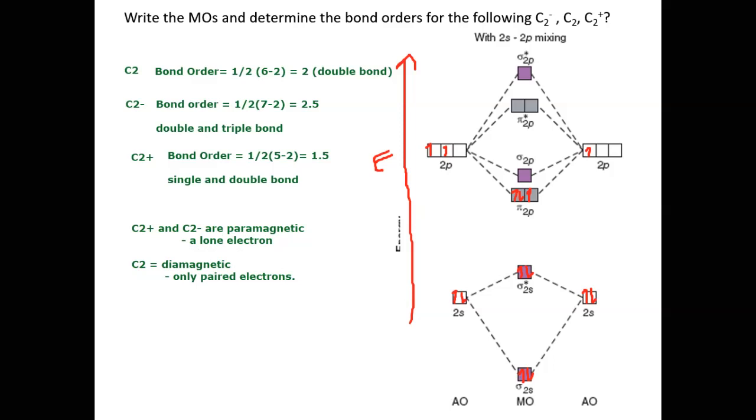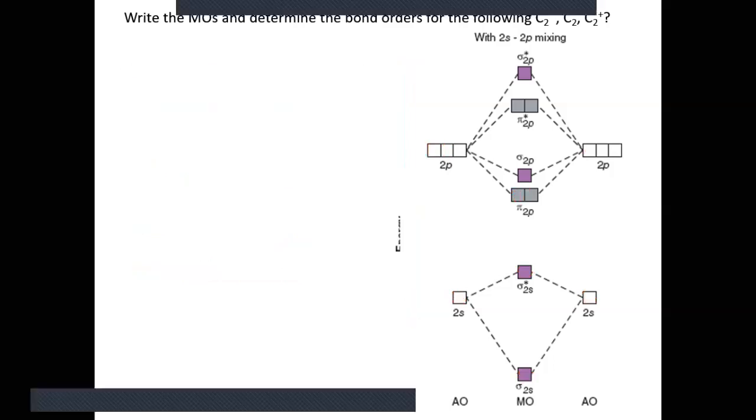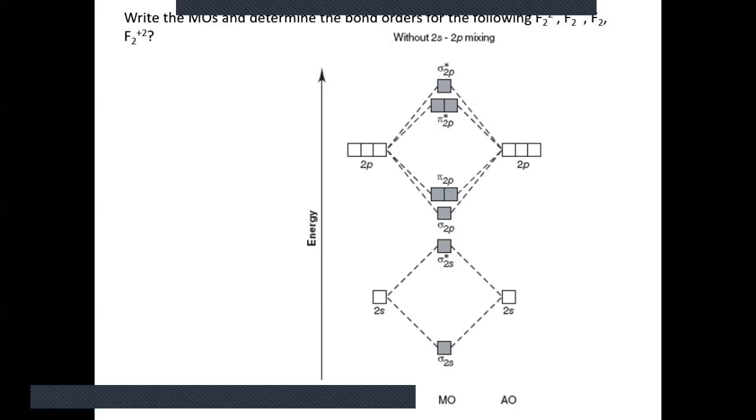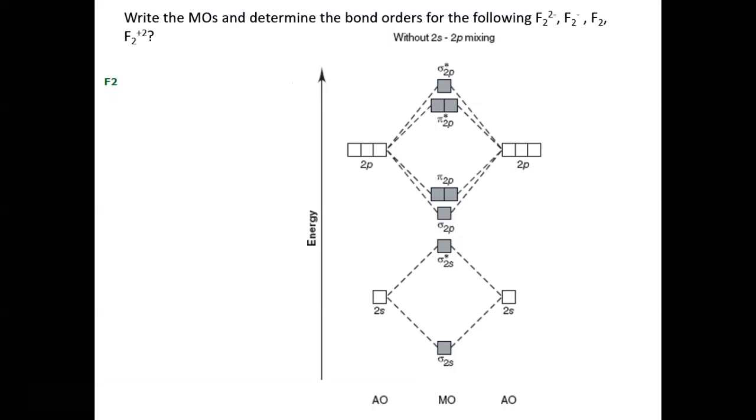Now, let's look at one that does not involve s and p mixing. So here we want to know the molecular orbitals and bond orders for F2 minus, F2, and F2 plus. So again, we're going to start with F2, and then we'll go from there. So F2, let's put in the electrons.